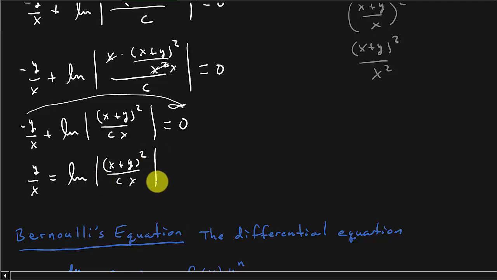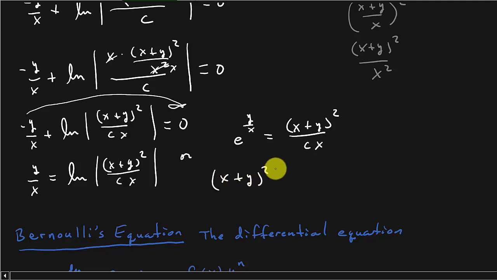Or we could write e raised to the y over x equals x plus y squared over cx. So that would give us x plus y squared is equal to cx e to the y over x.